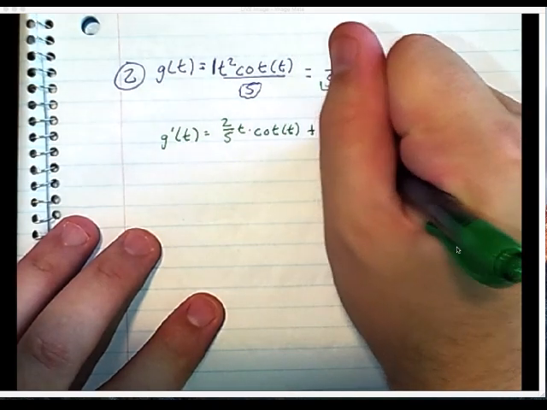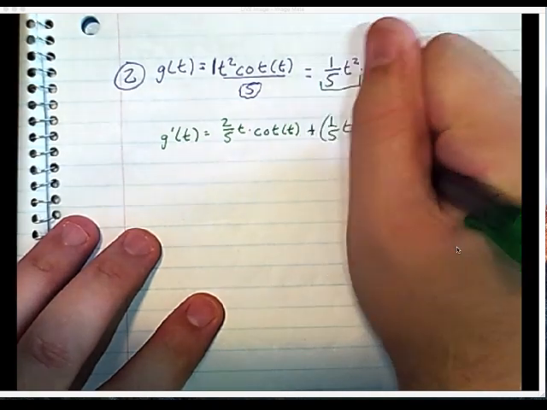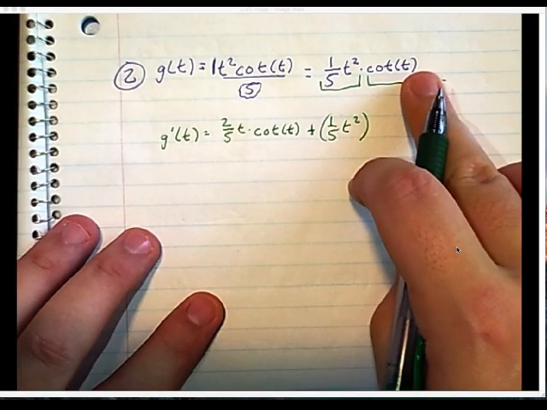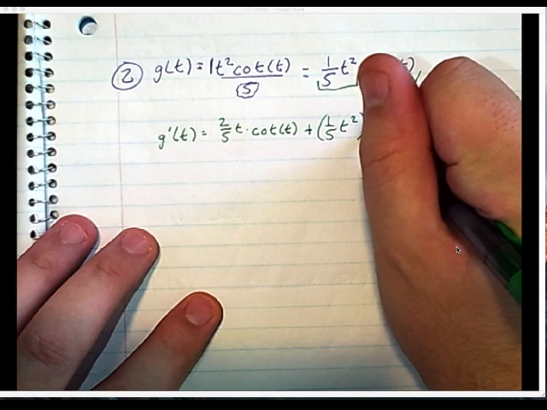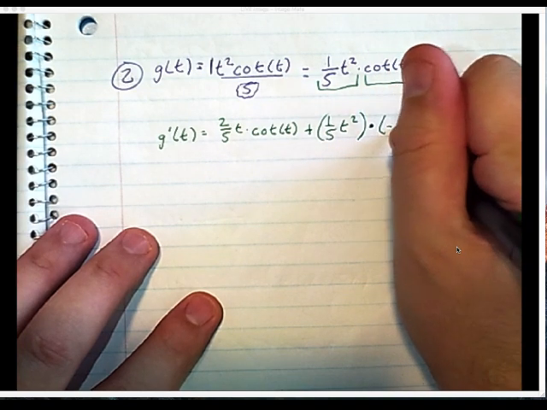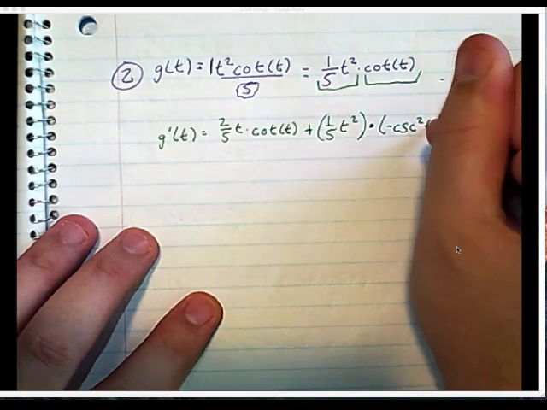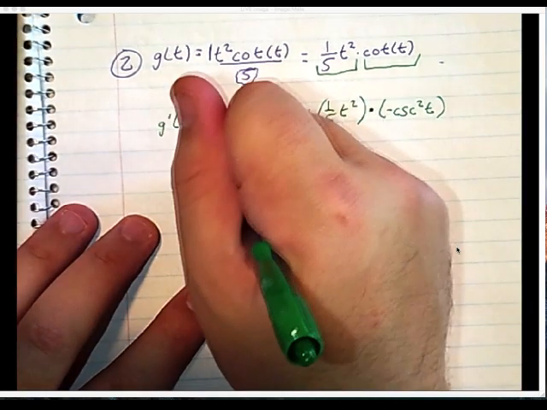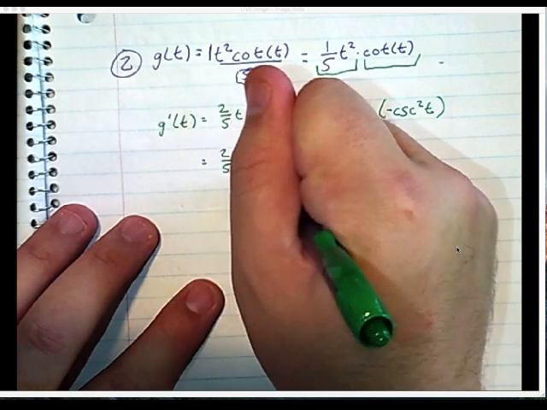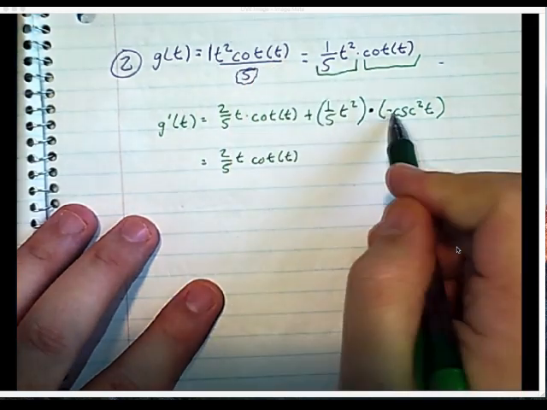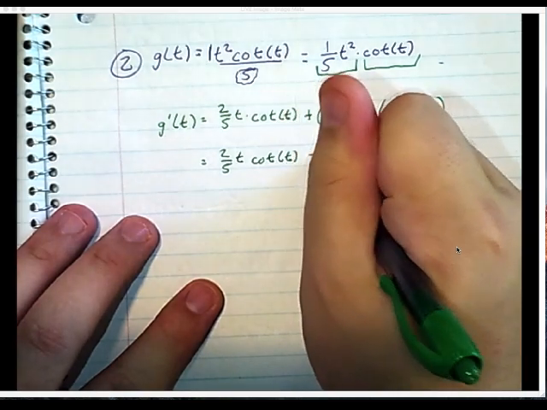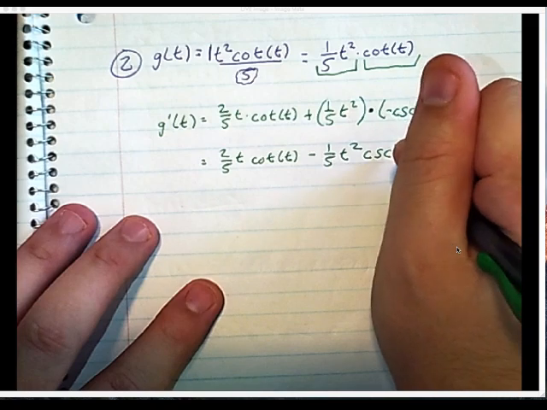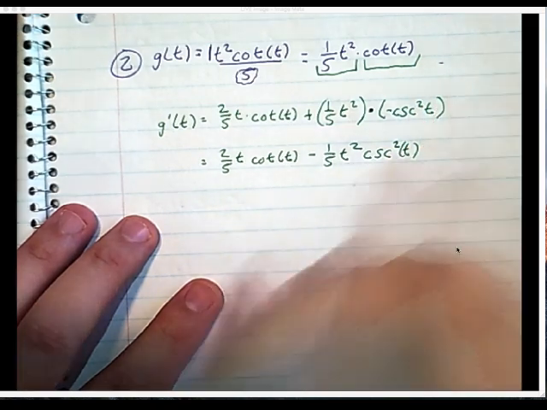Plus, now take the first term, 1/5 t squared, and multiply it times the derivative of cotangent. What's the derivative of cotangent? It's negative cosecant squared of that variable. So 2/5 t cotangent of t, eventually this would be a negative, minus 1/5 t squared cosecant squared of t.